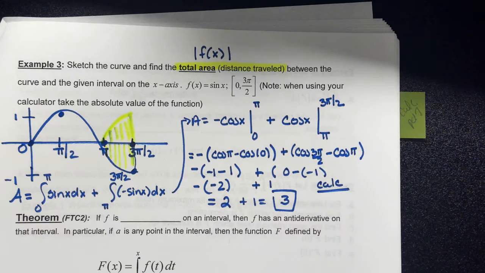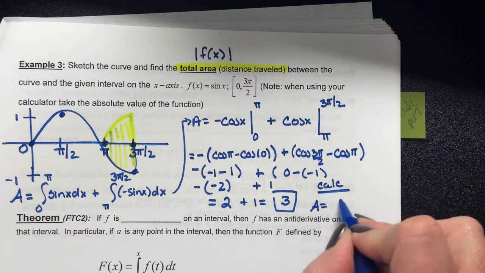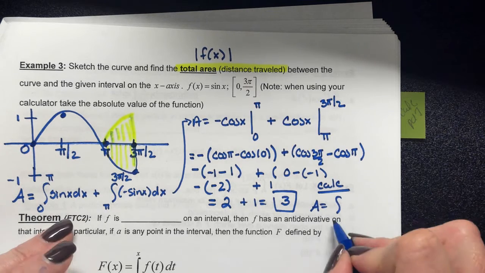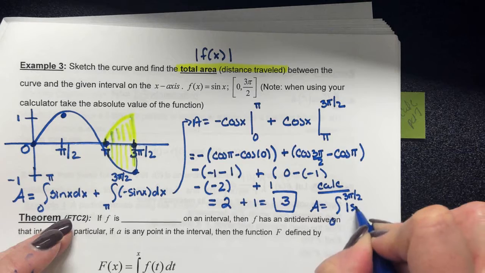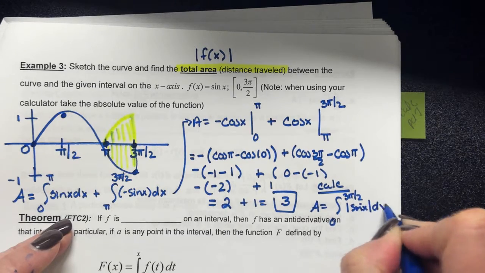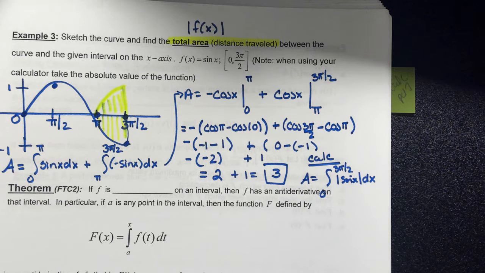If you have a calculator, then all you can do to calculate the area is you can actually just simply evaluate this from 0 to 3 pi over 2 and put the sine of x inside the absolute value. So you can go ahead and just put that entire function inside the absolute value.